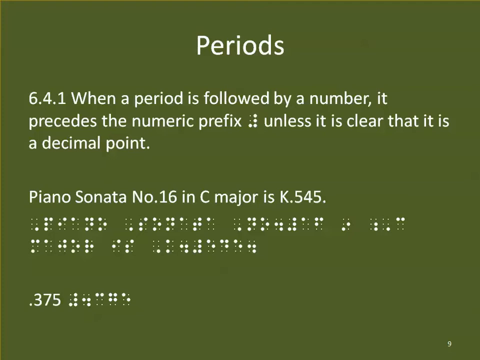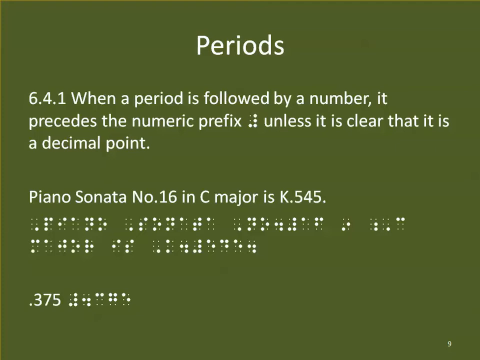By the way, you'll notice, I forgot, a period is a period, a dot is a dot no matter what. As I said, probably in the first session, a dot is a dot no matter where. So even though we're talking about decimal points, it's still a dot in print. Whether it's a period in print or a decimal point in print or .com in print, it's all the same print symbol, so it's the same Braille symbol.